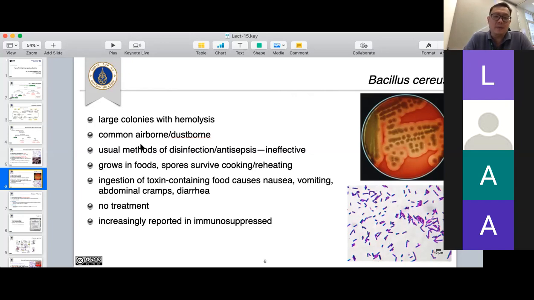Most strains can hemolyze, but there are some varieties of cereus that cannot hemolyze, okay? This is very common in the air. So you can open the plate and trap Bacillus cereus so many everywhere.